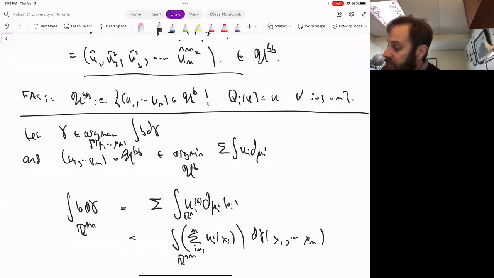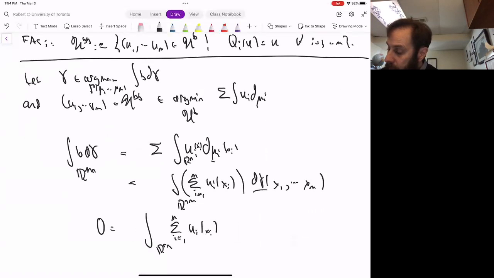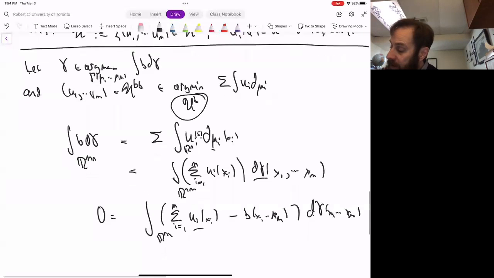Because the marginals of this gamma are these mu i's. And so if I write everything on one side, I have that 0 is this integral, and the fact that the ui's belong to the constraint set tells me that the integrand is non-negative.